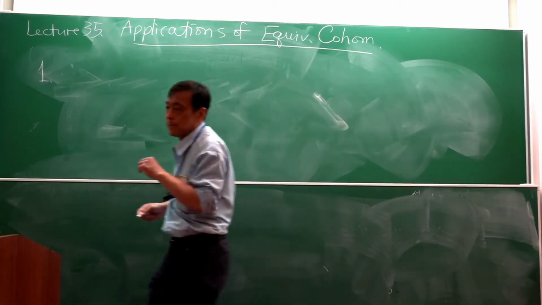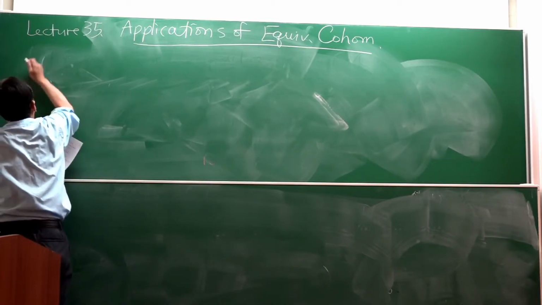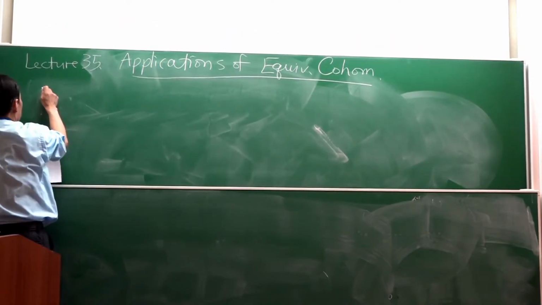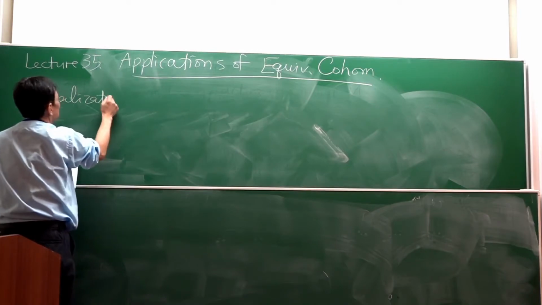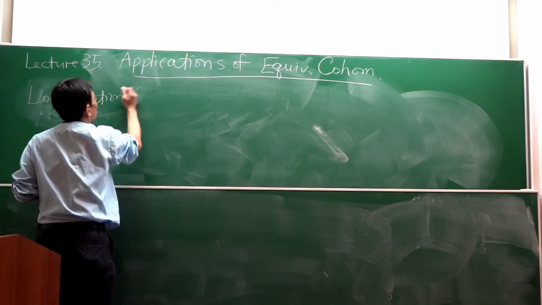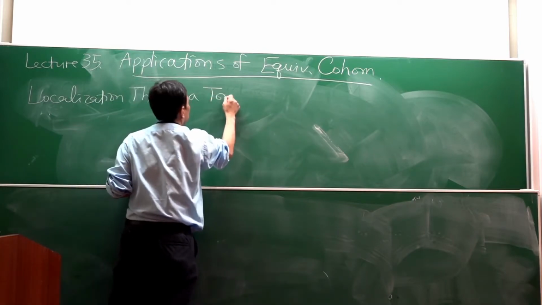Now, the equivariant de Rham theorem is for any compact connected Lie group. But the localization theorems are for torus action. So, for example, we will have a localization theorem for a torus action.